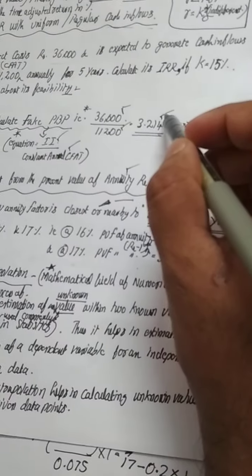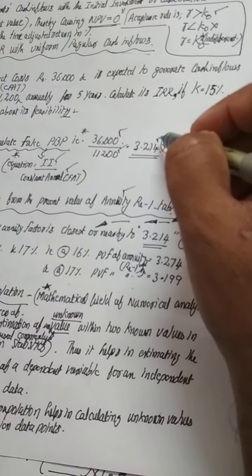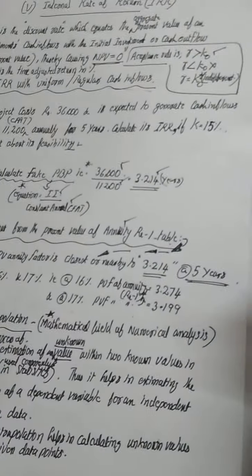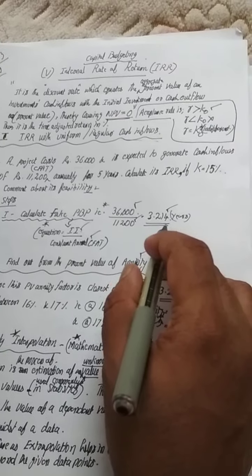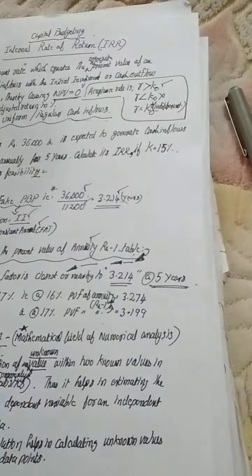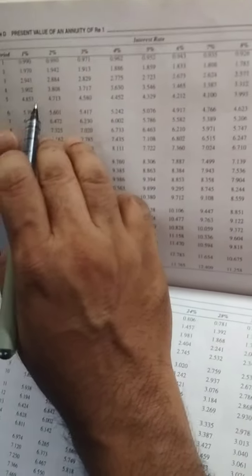How will we do that? The inflow is for 5 years, isn't it? So taking the period of 5 years, we check where this 3.214 lies, looking at the interest rates here. You have to check along the 5-year row.